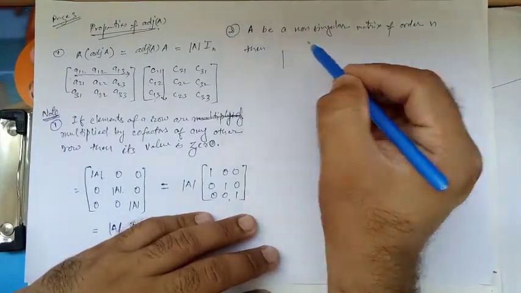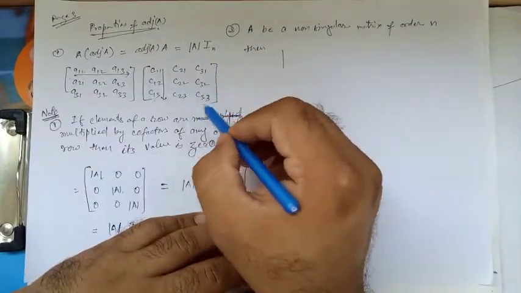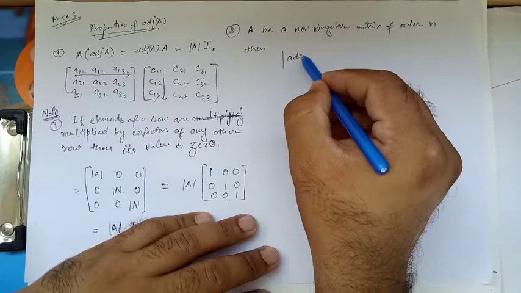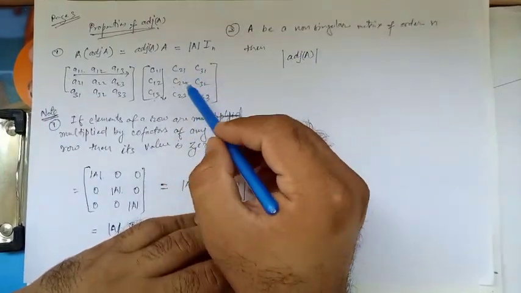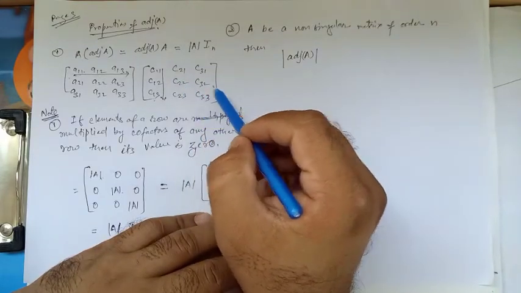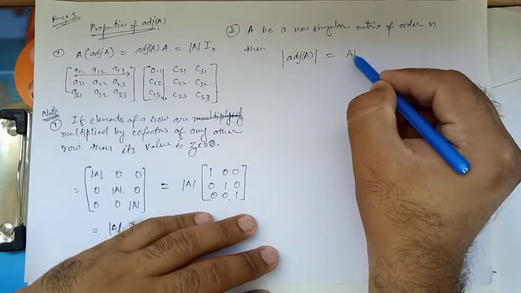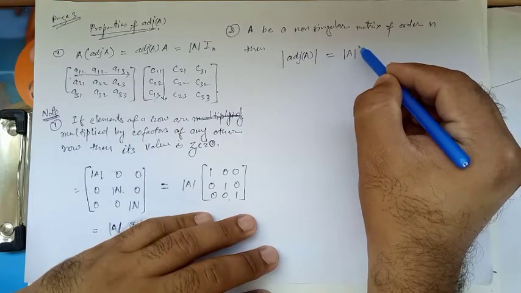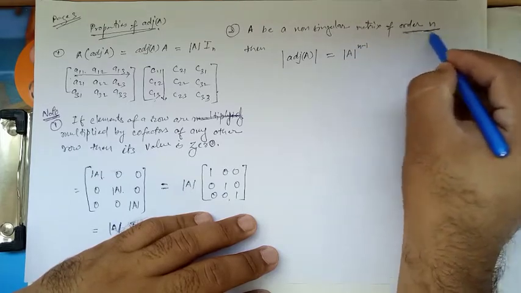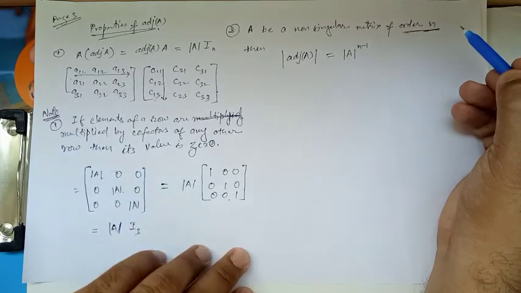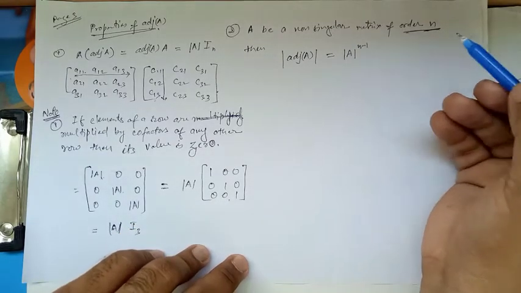If we want to find the determinant of adjoint A, this is nothing but adjoint A only, and if we convert this into a determinant and find its value, it will give you the value as determinant of A to the power n minus 1, where n is the order of the matrix. So we can prove it.